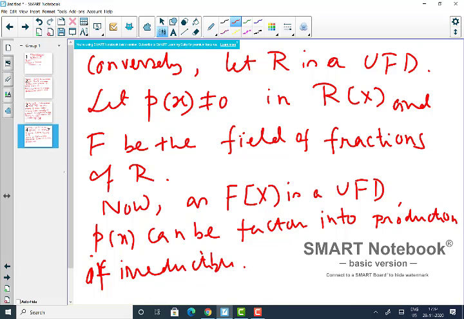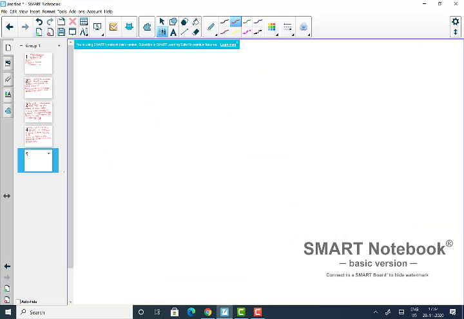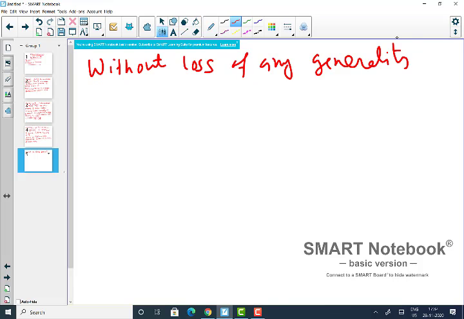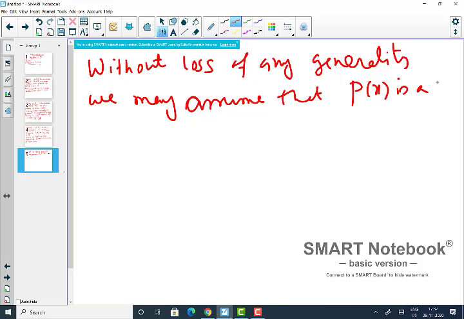Okay. So one thing you can assume here, without loss of generality, is that P(x) is a primitive polynomial.